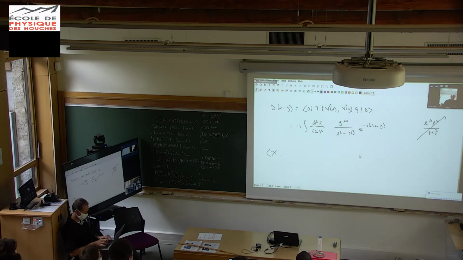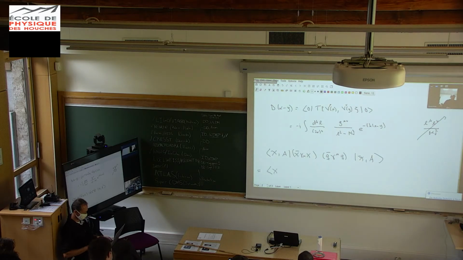let me use an abbreviated notation here, chi A, and then this chi bar gamma mu chi, q bar gamma mu q, chi A. We can write this as just chi out, chi bar gamma mu chi in, times nucleus out, and then the quark currents and the nucleus in.